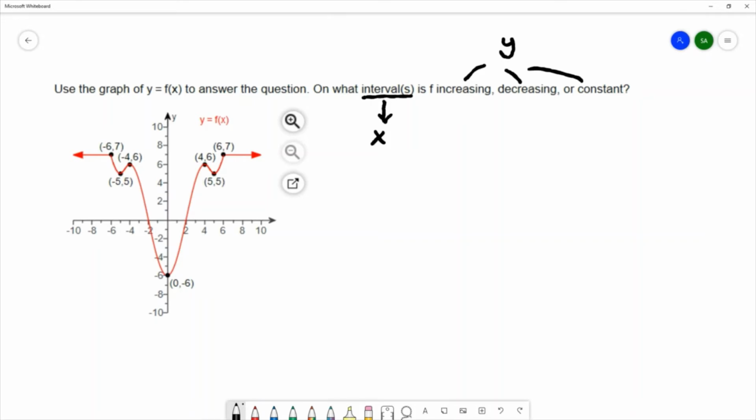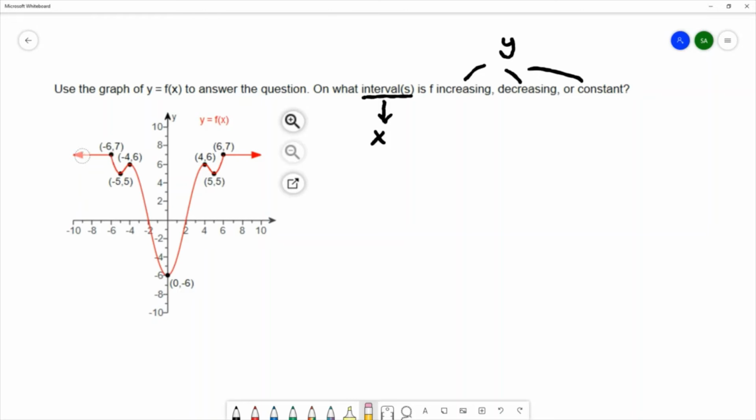So I'm going to start by just getting an overall understanding of what's happening. I'm going to trace the graph moving from left to right, to go from smallest to largest. So as I trace this portion of the graph, the y values are constant.